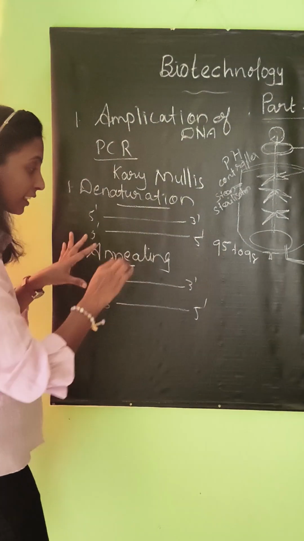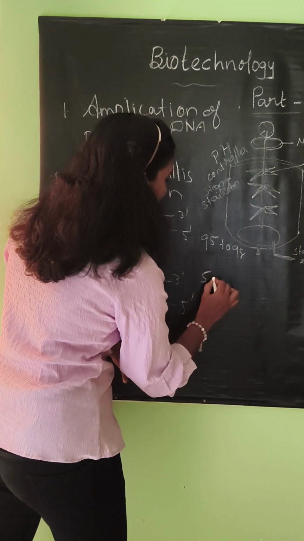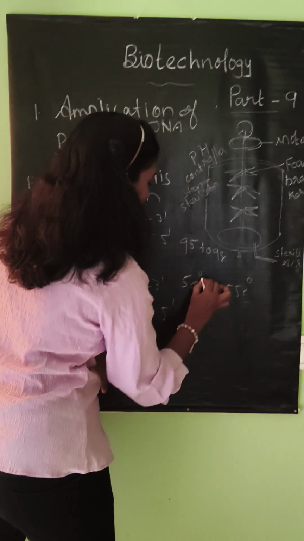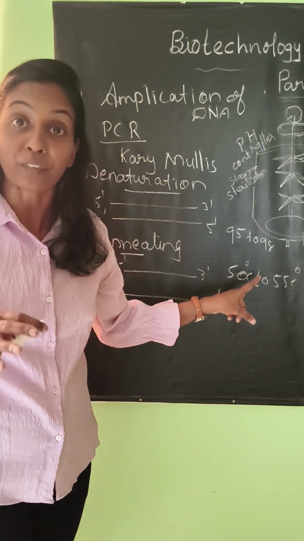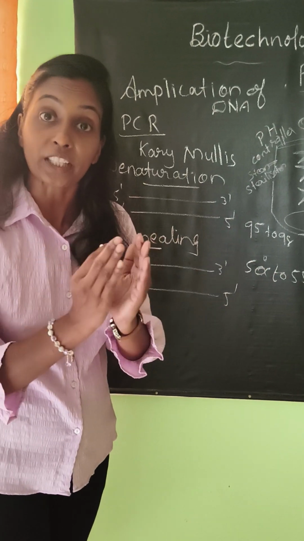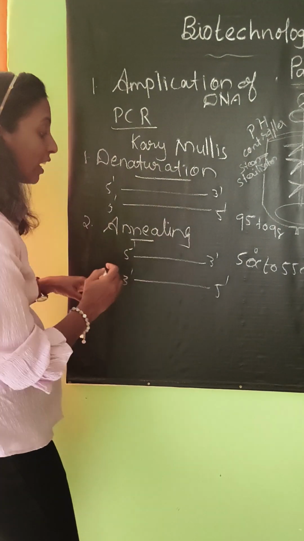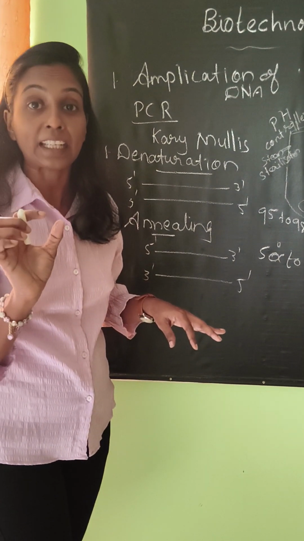Here the temperature is reduced, to 50 to 55 degrees Celsius. So with the help of a lower temperature, we can join something. That is the process of annealing. What we are joining here is a small segment of single stranded DNA or RNA.